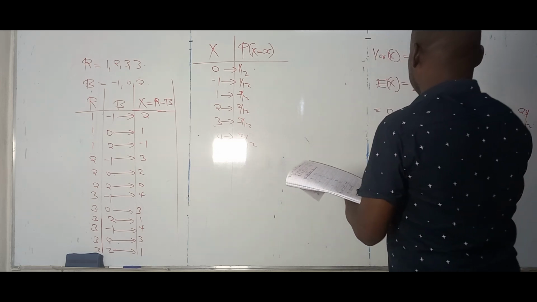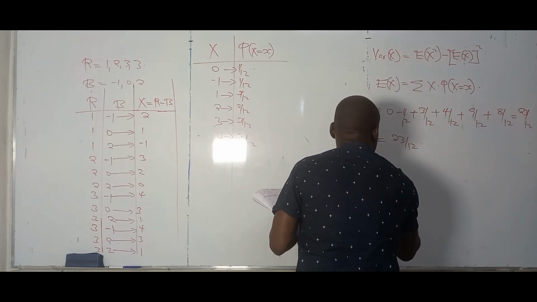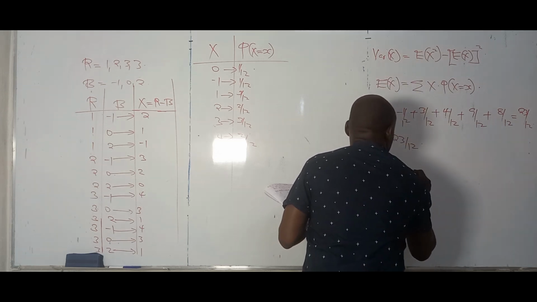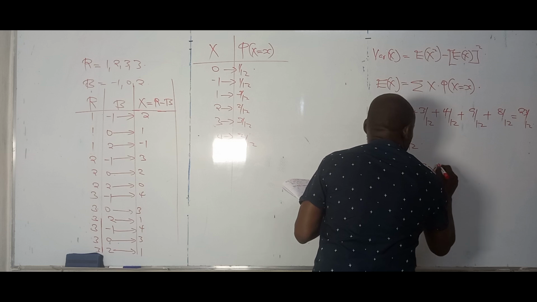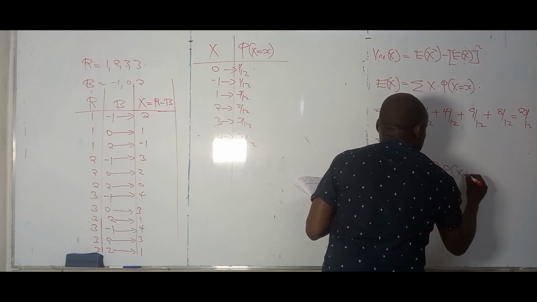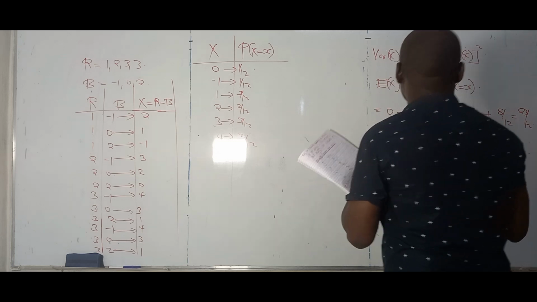Expected value of x is 23 over 12. So what is the expected value of x squared? Expected value of x squared will be the summation of x squared times the probability that X is equal to x.